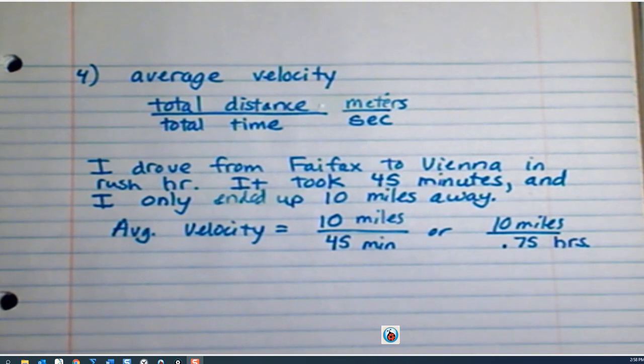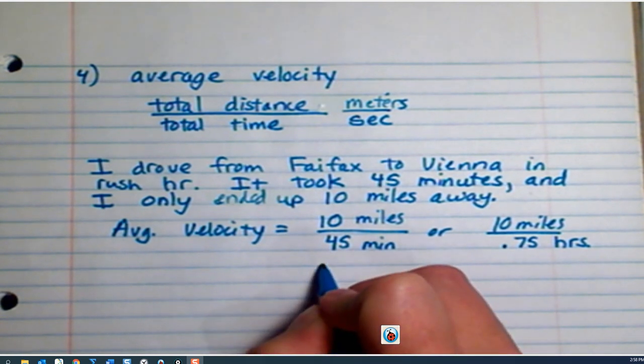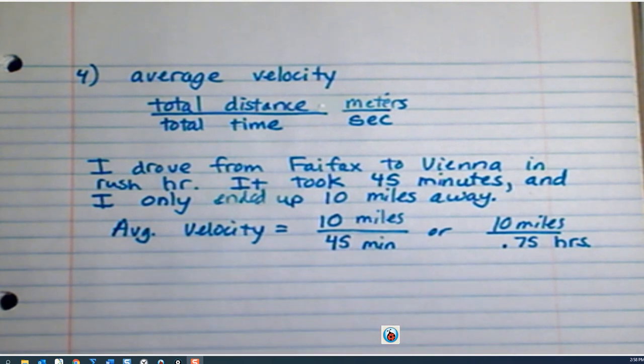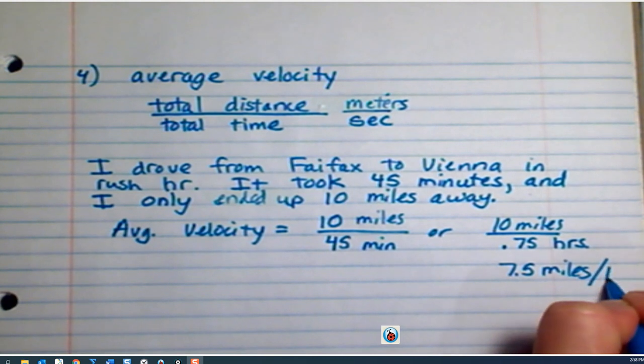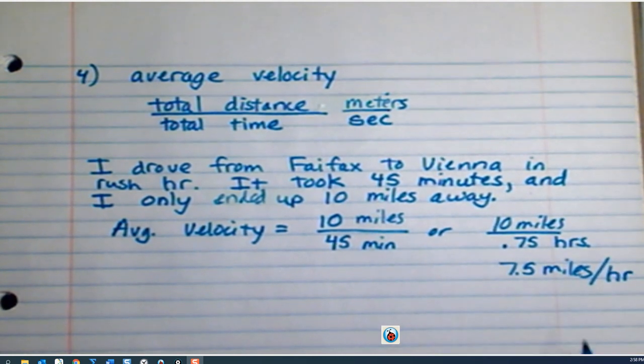It just depends upon the units that you want to use, but that is your average velocity. So this one is 10. That one doesn't really make too much sense. I'm going to do this one. 10 divided by 0.75 equals 7.5 miles per hour. That's about right. You're going pretty slow. A lot of stop and start there. Okay.